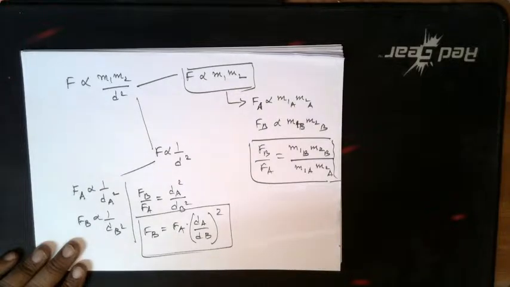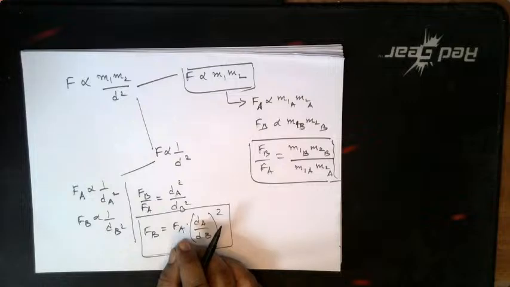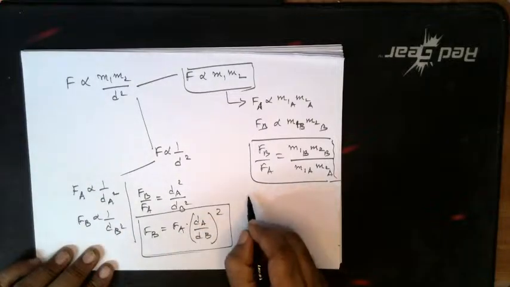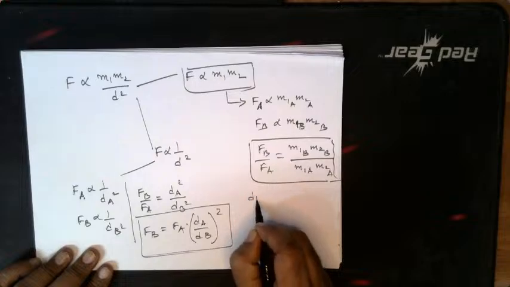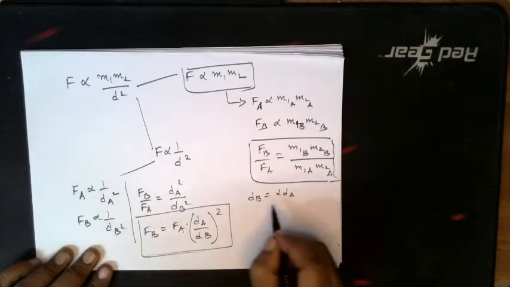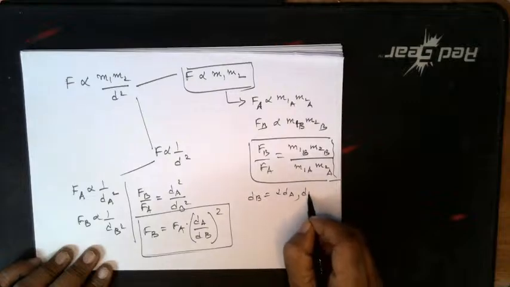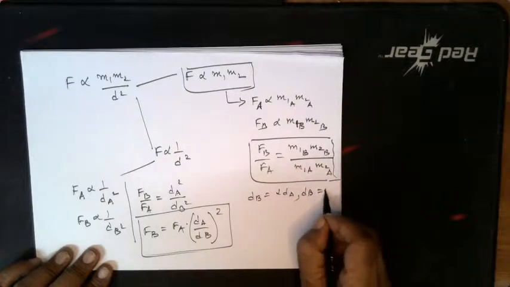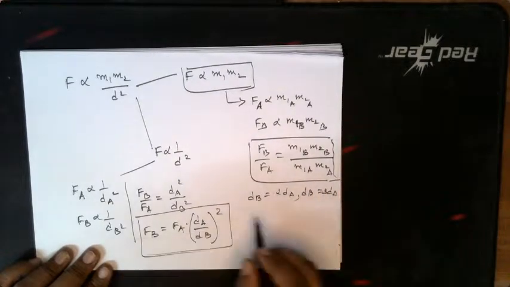Okay. Now let me consider the same second problem. In the first case, what they asked, dB is twice the dA, correct? In the second question, dB is thrice the dA. You can simply substitute and get the answer.